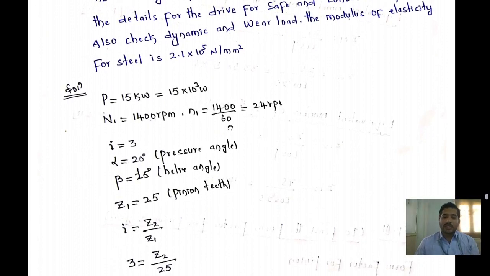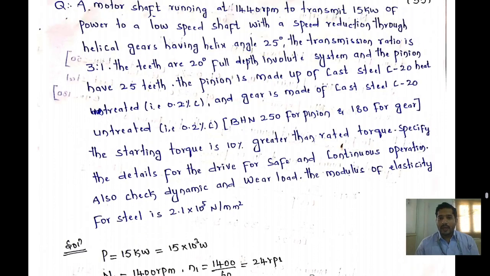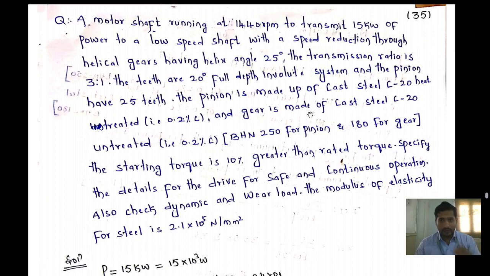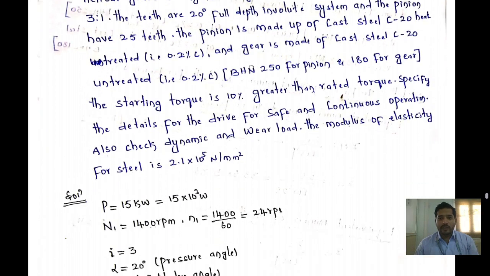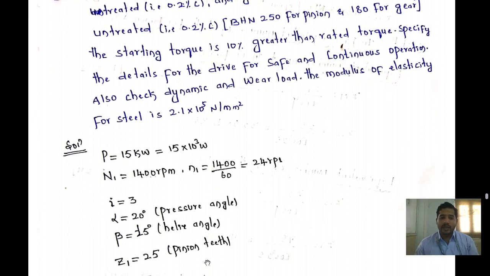If you divide by 60, then you will get 24 rps. The transmitted power is 15 kilowatt, that is 15 into 10 power 3 watt.